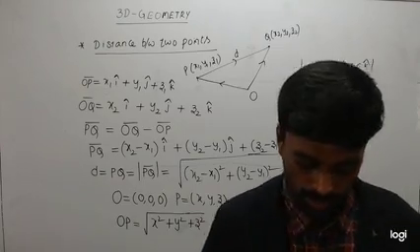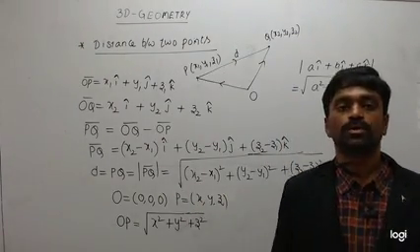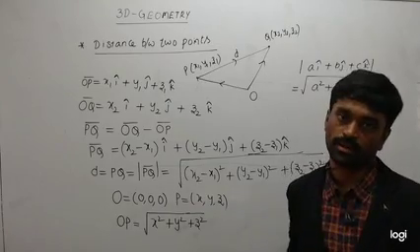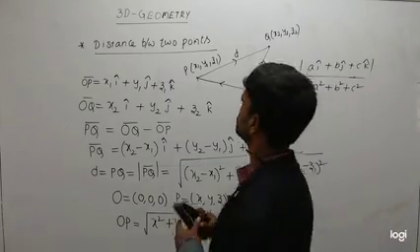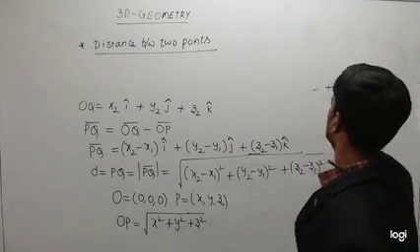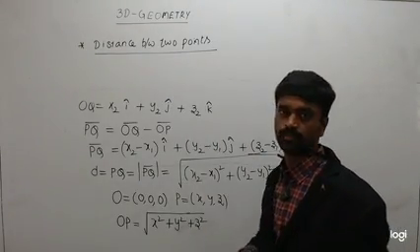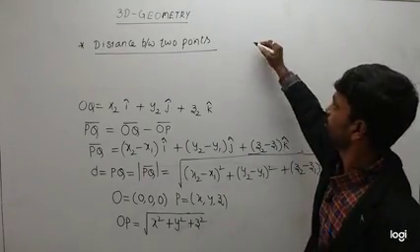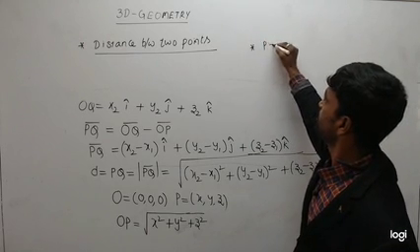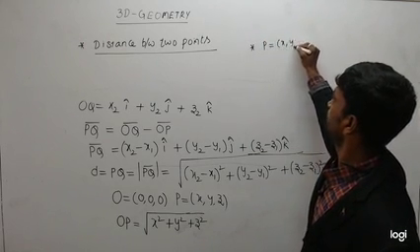Okay. Next, I'm going to derive the section formula again using vectors. And before that, I want to explain some points. Suppose the given point P is x, y, z.